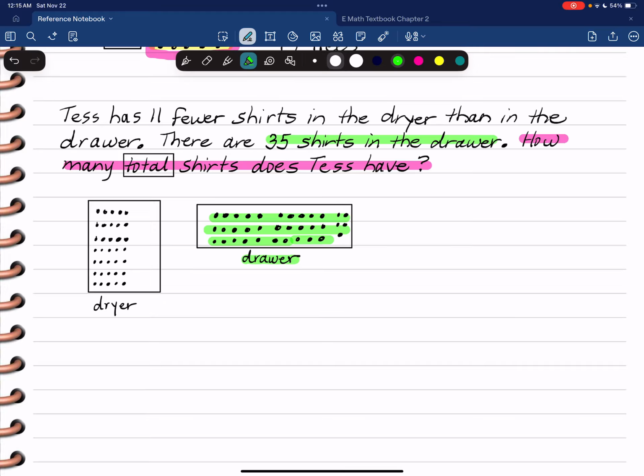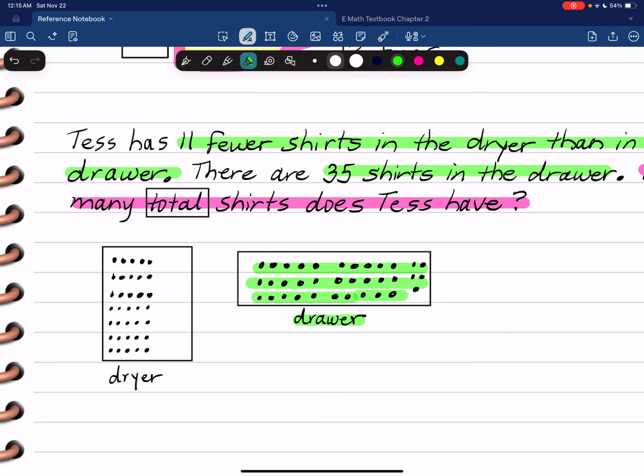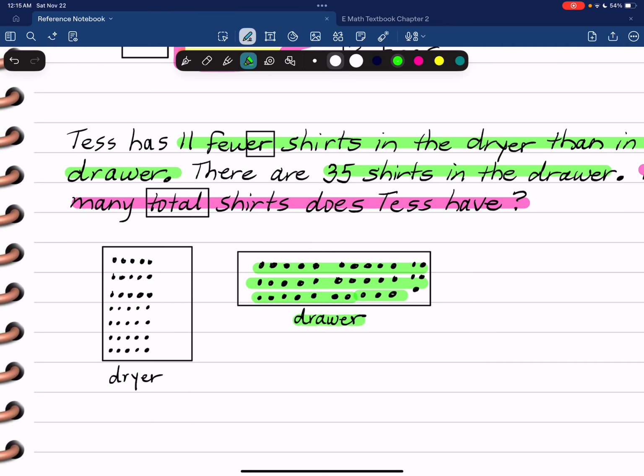Very good. We have 11 fewer shirts in the dryer than in the drawer. So for the dryer, we're going to have to take away 11. If you see a word that ends in fewer, that is a clue that you need to subtract.